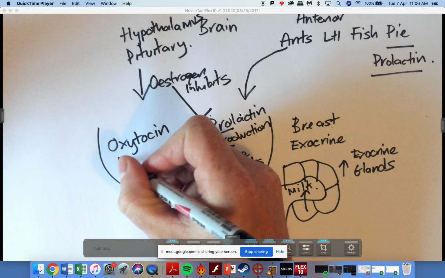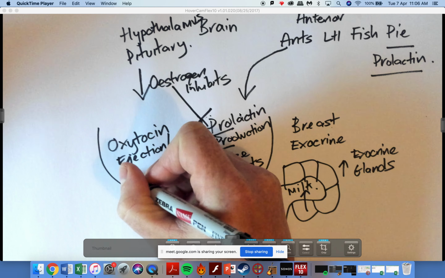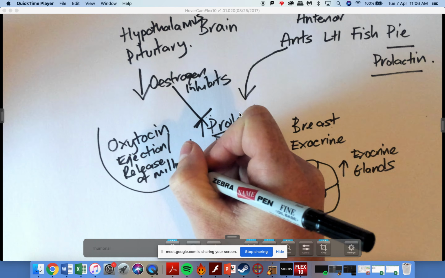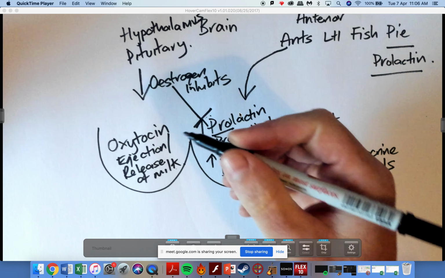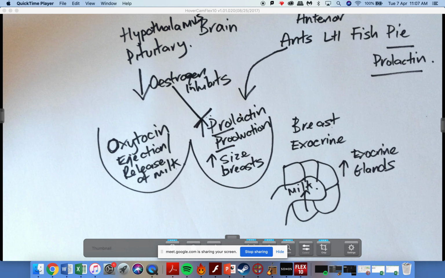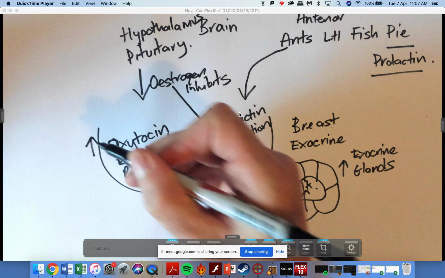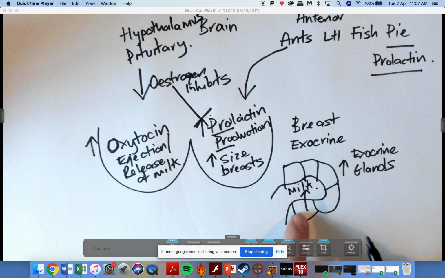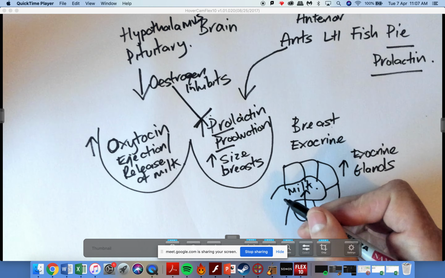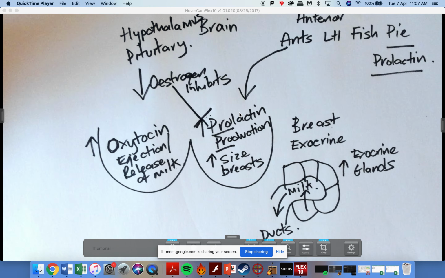Oxytocin allows the ejection or the release of milk. So having the baby in physical contact will cause a release of oxytocin, and an increase of oxytocin then allows these cells to release the milk, and then the milk will begin to flow down the ducts and out of the breast.